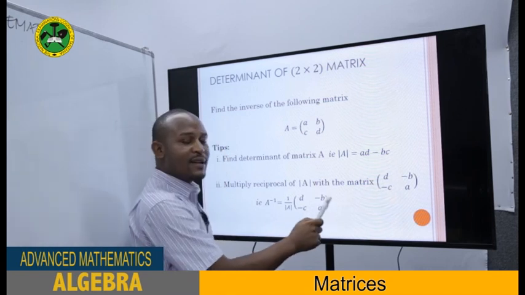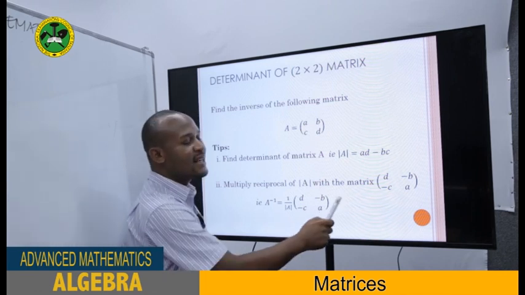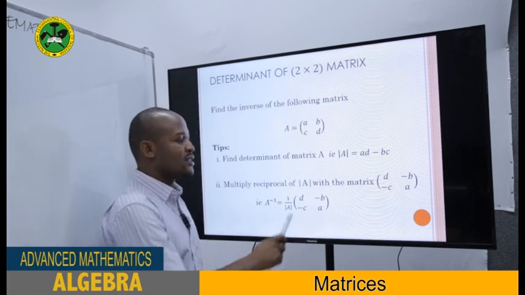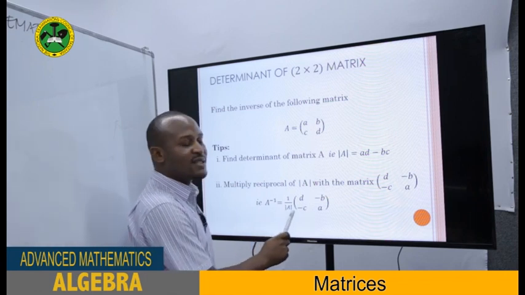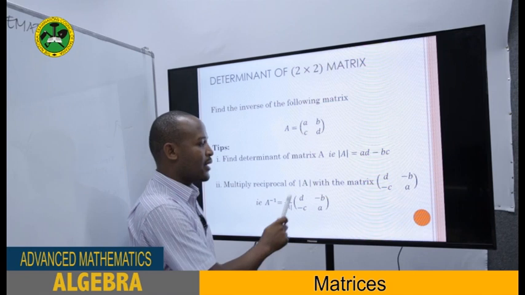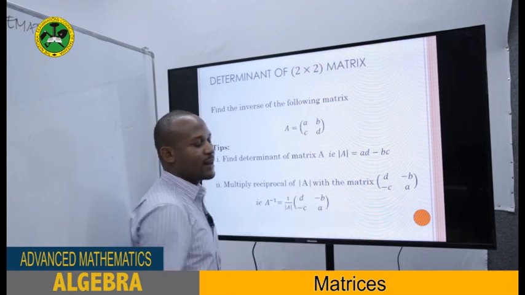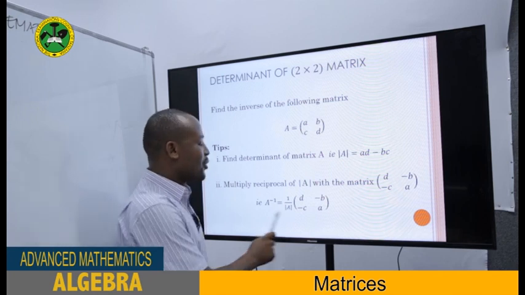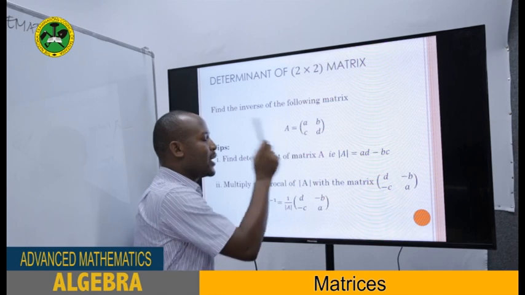And the elements in the other diagonal exchange sign. If it was negative, it becomes positive, and if it is positive, it becomes negative. Then you multiply the reciprocal of the determinant with the matrix of that nature that you found there. The product from there is the so-called inverse of the matrix A.